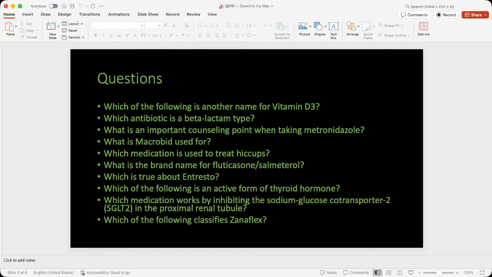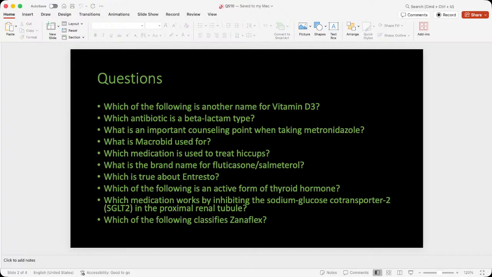You can think of it different ways, but for D3, think of the number 3 as three C's in the name. Cholecalciferol is going to be another name for vitamin D3 because it has three C's in the name. If it's vitamin D2, it'll have two C's. Calciferol is going to be two C's. So, note those differences here.